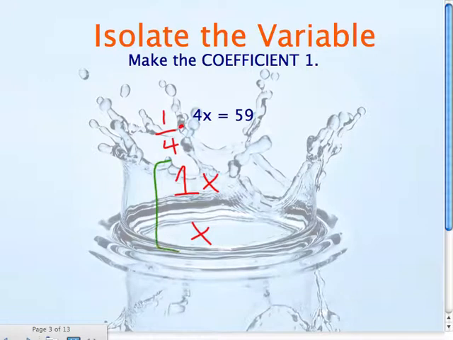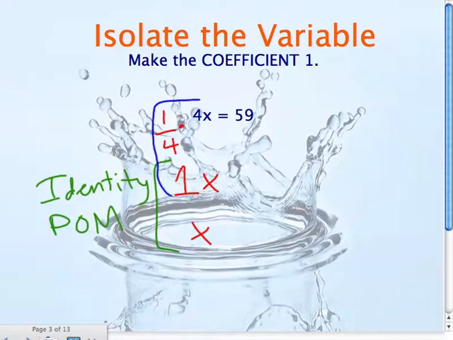This is an example of the identity property of multiplication. 1 times anything is just that number. In this case, we're talking about x. Okay? So we already used the inverse property and the identity property. The inverse was right here. There's our inverse property of multiplication.